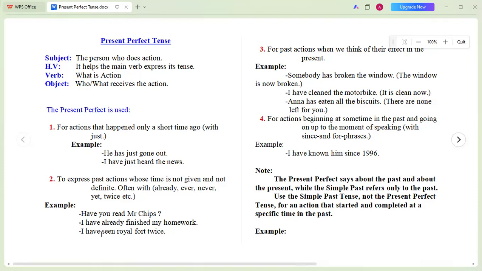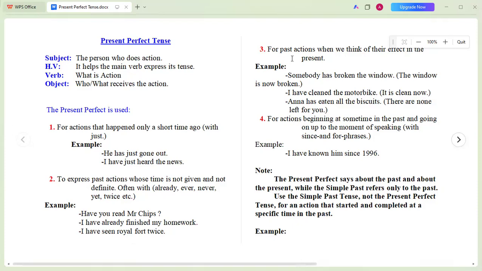The second sentence, I have already finished my work. So you can see that it expresses past actions whose time is not given. Okay. When you have finished homework, you did not mention when. So this is present perfect. I have seen Royal Fort twice. When you have seen, the time is not mentioned. So that's why it is present perfect tense.